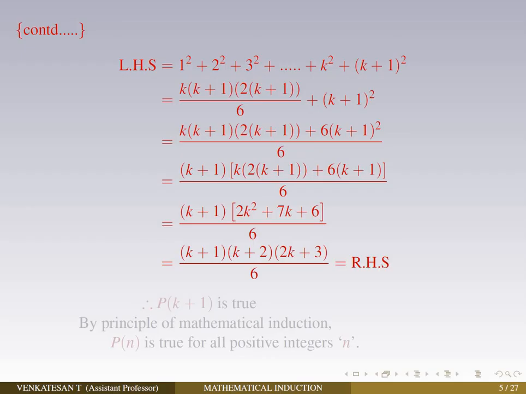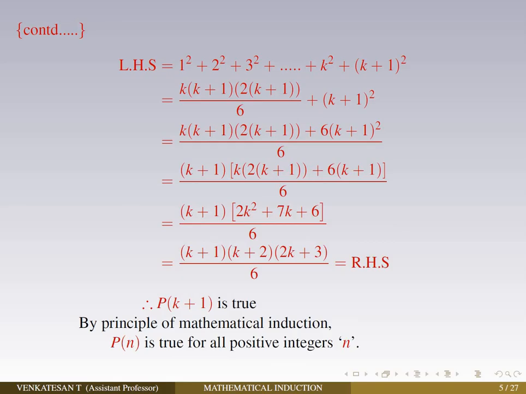After taking LCM and doing simplification, I will be getting k plus 1 into k plus 2 into 2k plus 3 divided by 6. This is my required right hand side. Hence, P of k plus 1 is true. Therefore, by principle of mathematical induction, we can say P of n is true for all positive integers n.